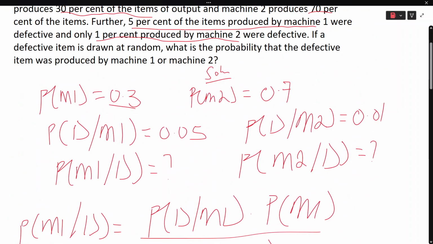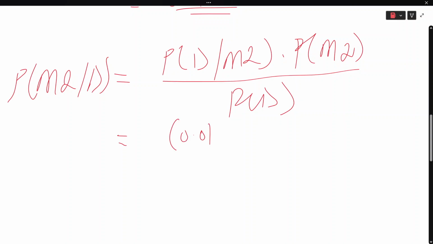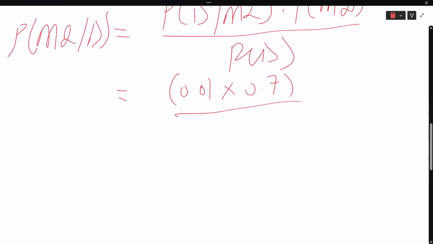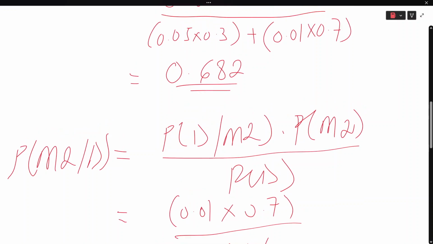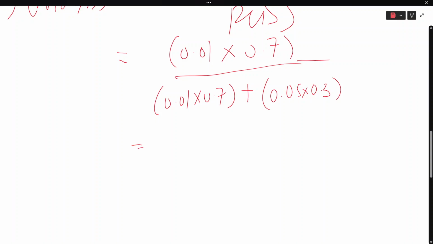Now we also know the probability of defective, given that it is from machine 2, is 0.01, times that of machine 2, 0.7, divided by, here too, we have to bring the numerator to the total: for machine 1, 0.05 times 0.3, plus 0.01 times 0.7.